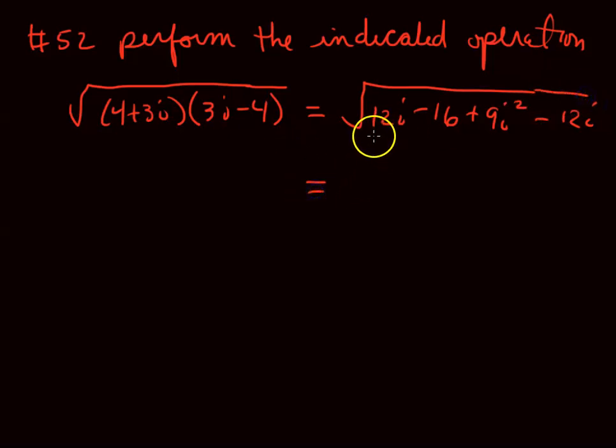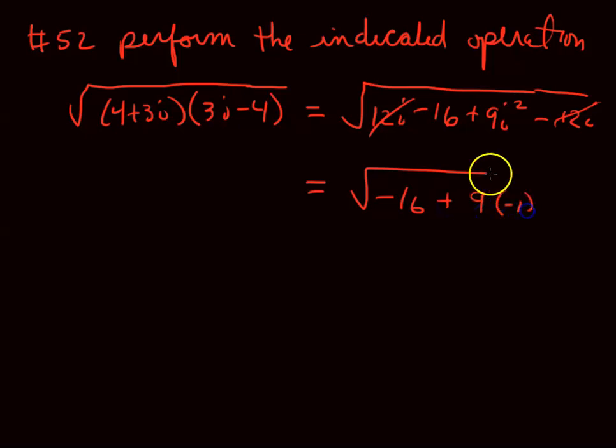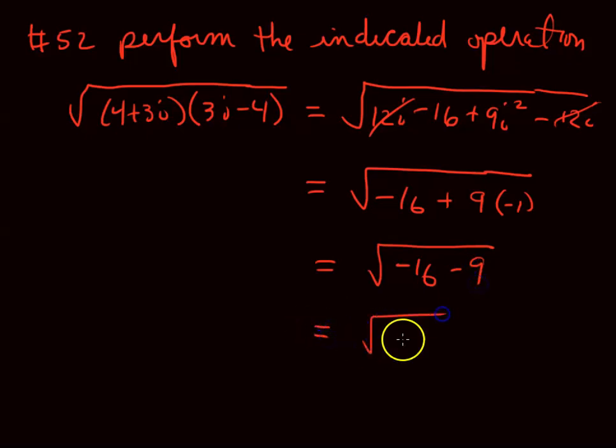So let's see here, 12i and a negative 12i cancel. So now we have the square root of a negative 16 plus, this is 9 times a negative 1, which is a negative 16 minus 9, which is a negative 25.